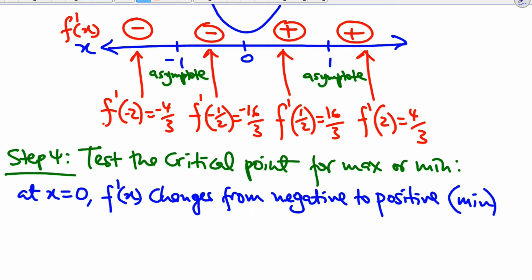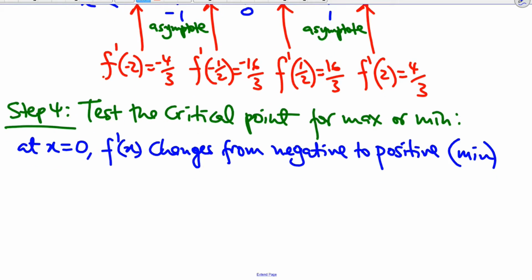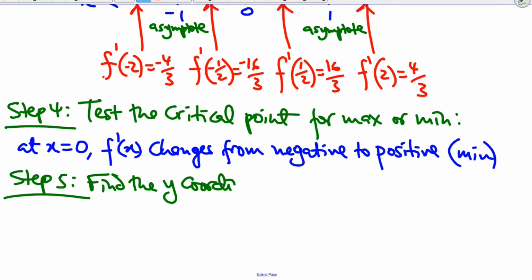So in step 5, all that we have to do is to calculate the y coordinate and we'll be done. So step 5, find the y coordinate. All that we have to do is to plug 0 into the original function.